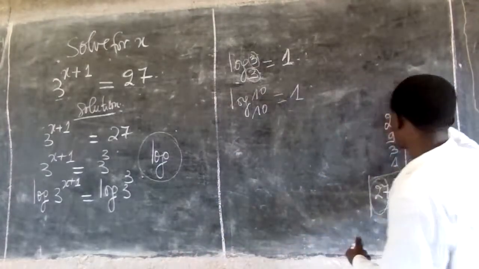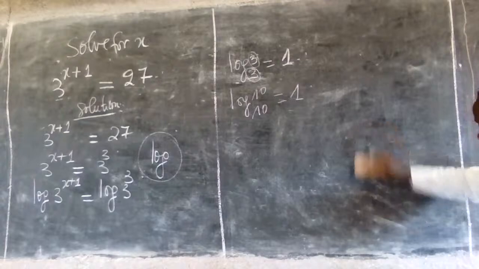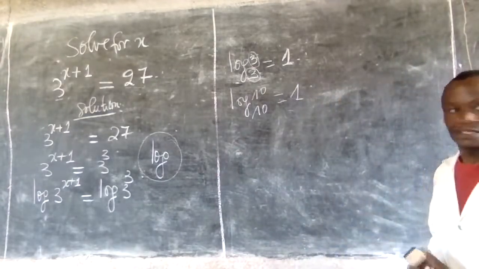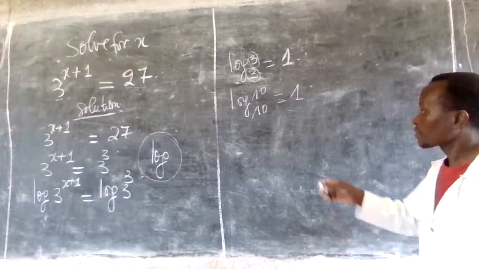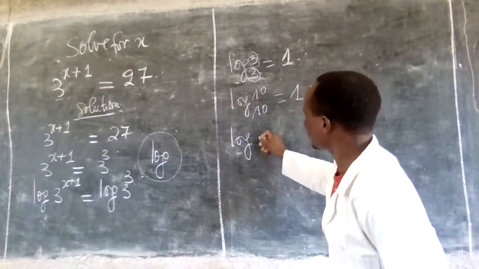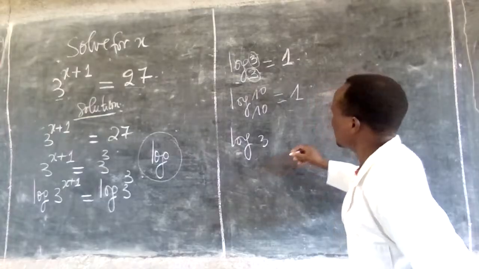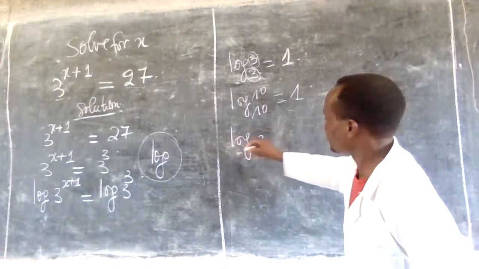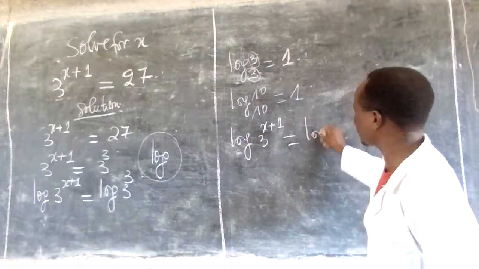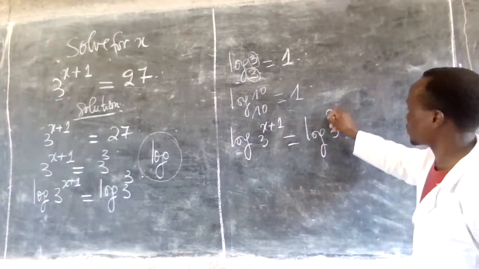We still have the logarithm in base 3 of 3 power x plus 1 equal to the logarithm in base 3 of 3 power 3.